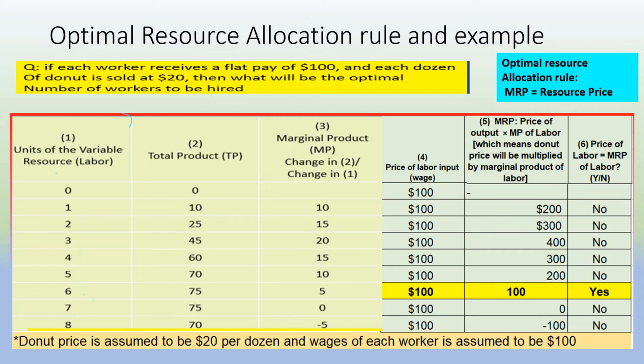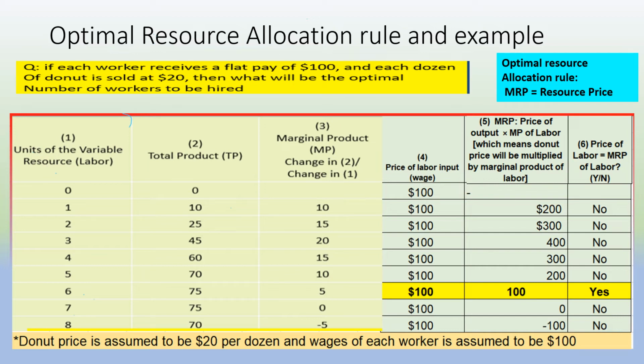Similarly, the second worker's marginal product was 15 dozens of donuts, which the company could sell for $20 each dozen. That means they'll be making $300 out of the second guy, the marginal revenue product of the second guy. Similarly, marginal revenue product of the third guy is $400, etc.